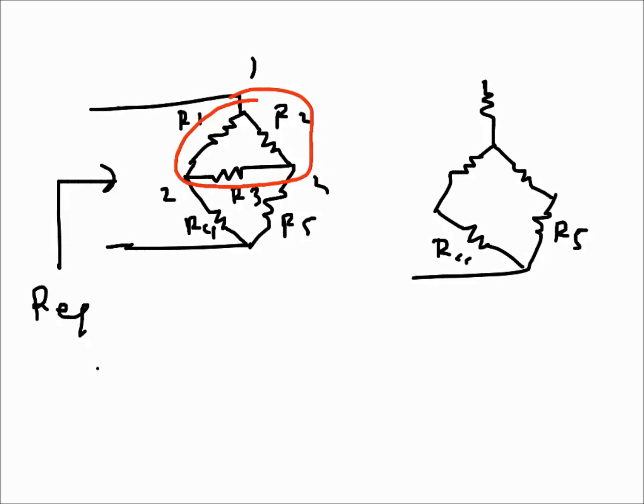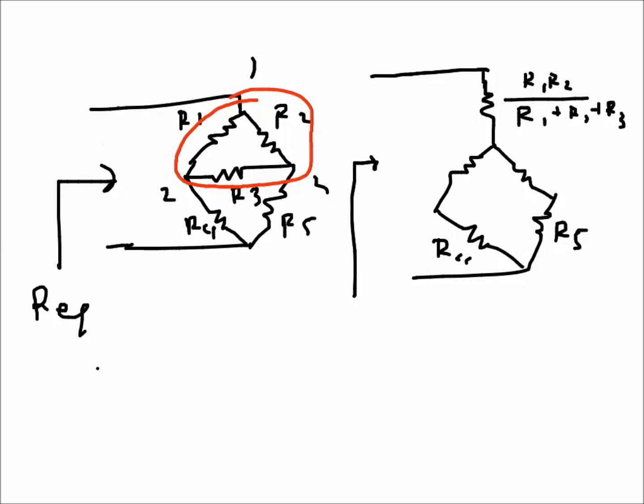So this one will be R1 R2 over R1 plus R2 plus R3, just like I showed in the last video. This is the resistance I need to find out. This resistance will be R2 R3 over R1 plus R2 plus R3.